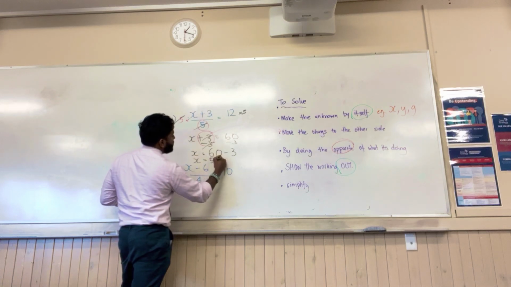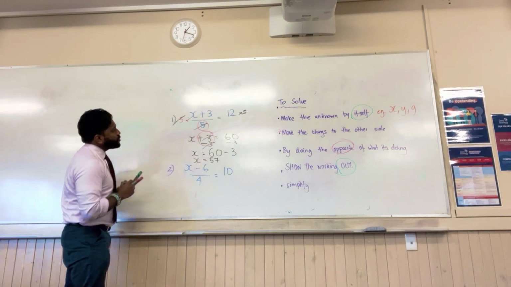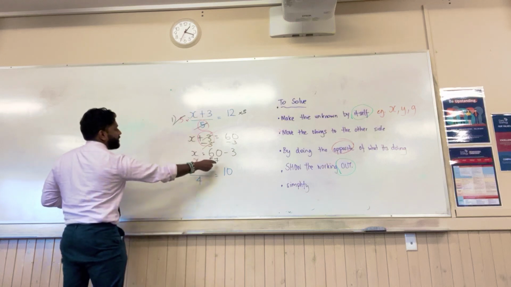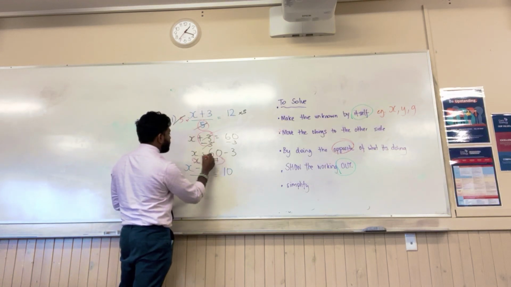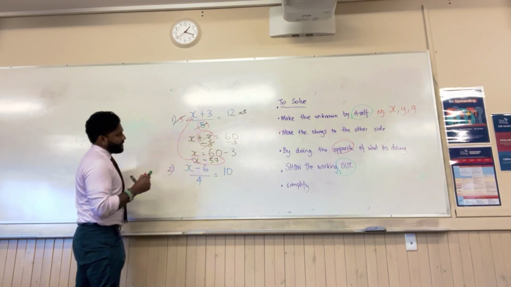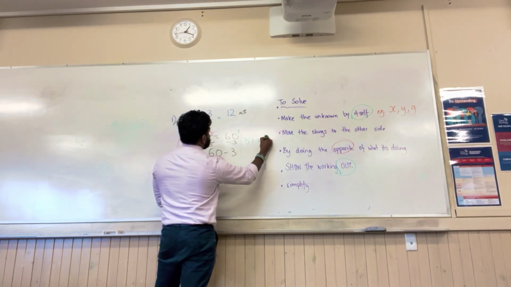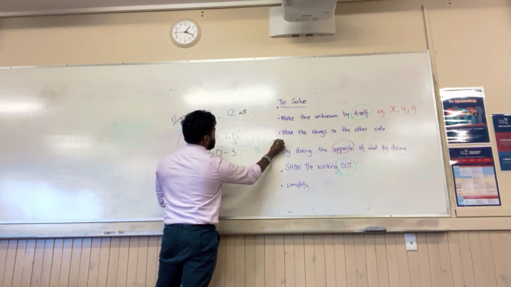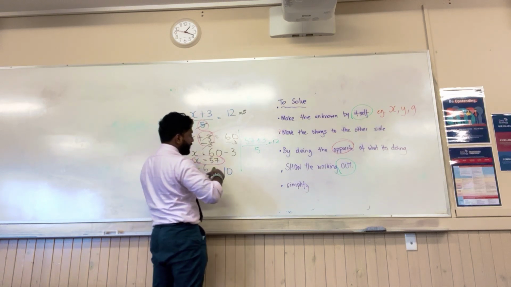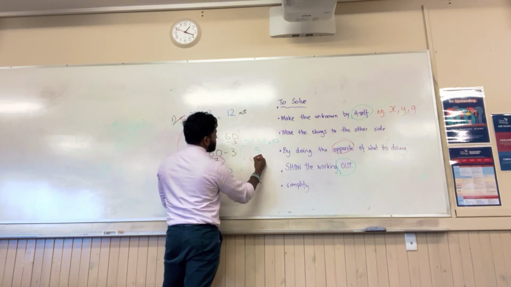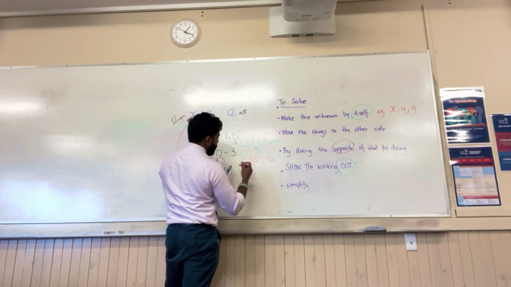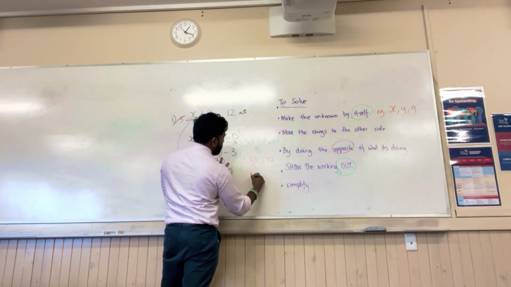And now the way you check that is by plugging this x is equal to 57 back into here. So what's that going to look like? 57 plus 3 divided by 5 is equal to 12. What's 57 plus 3? 60. 60 divided by 5 is 12.